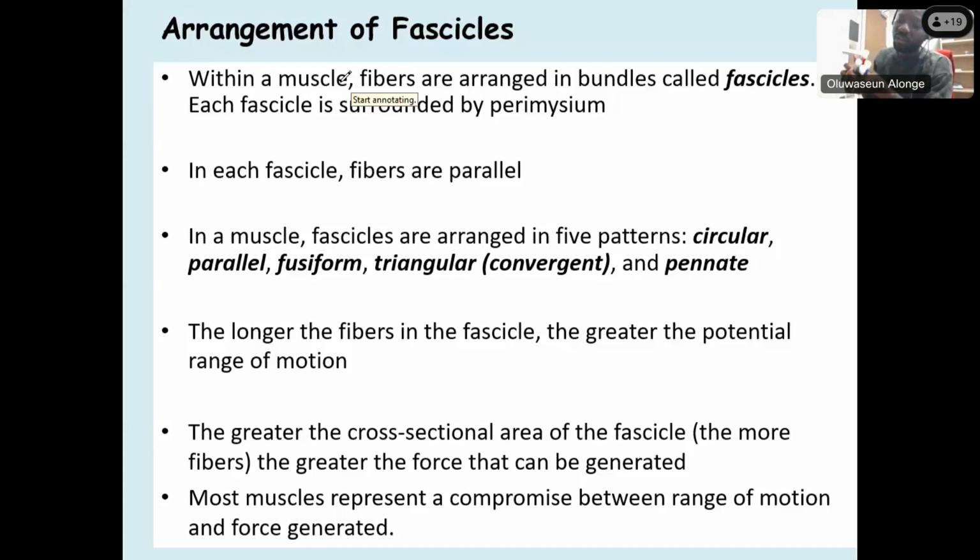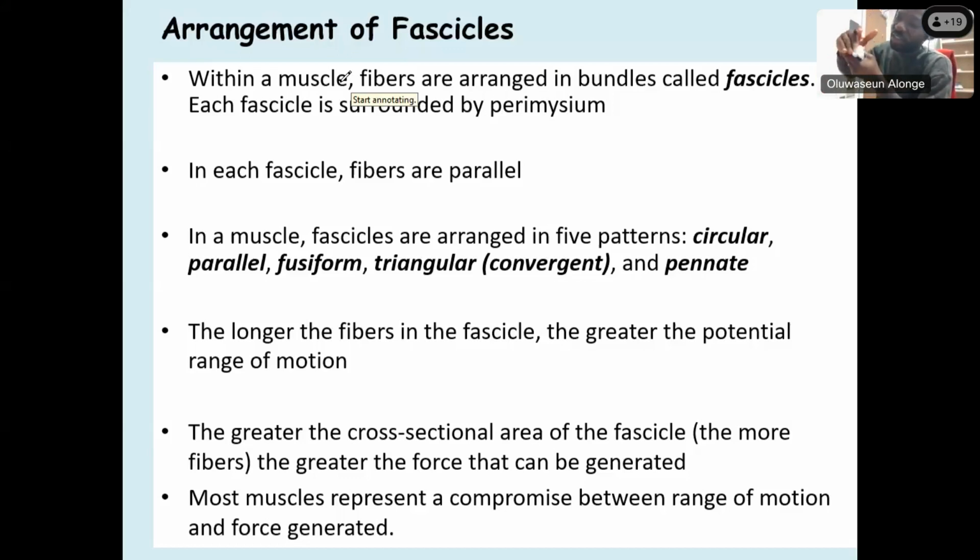Now, each of these muscle cells is surrounded by endomysium. When they come together, they form a bundle. The bundle they form is called a fascicle. So here is a bundle of muscle fibers or muscle cells. The bundle is called a fascicle.